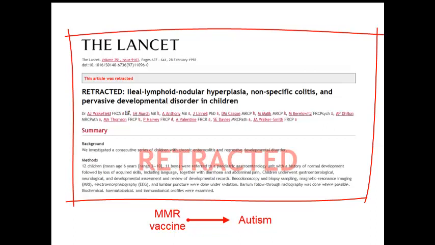And the actual study was a case series of 12 children with MMR and autism, which essentially amounts to a sample of 12 clinical anecdotes. And given how common this exposure and outcome are, it could have been investigated in a much more rigorous manner using a larger sample and more representative sampling strategy.